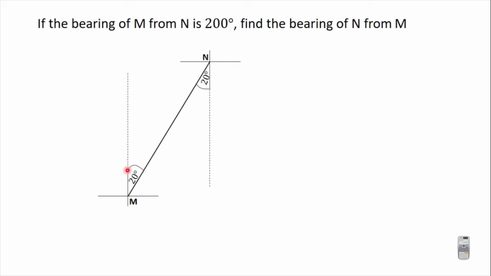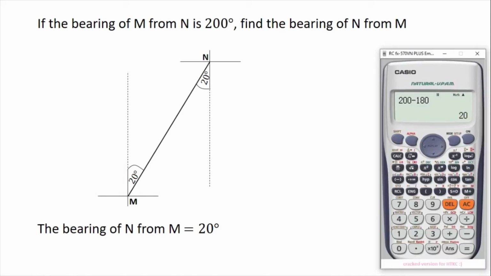So it means that the bearing will give us 20 degrees. The bearing of N from M, which is the back bearing, will give us 20 degrees. So we can say that the bearing of N from M is 20 degrees. And that is exactly what we found on our calculator using the formula.